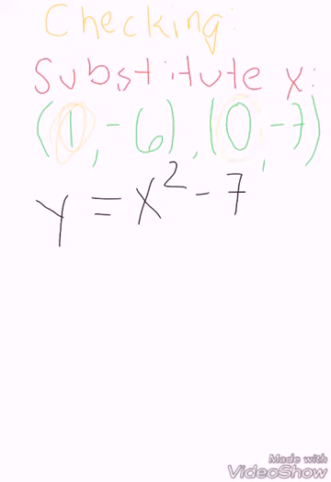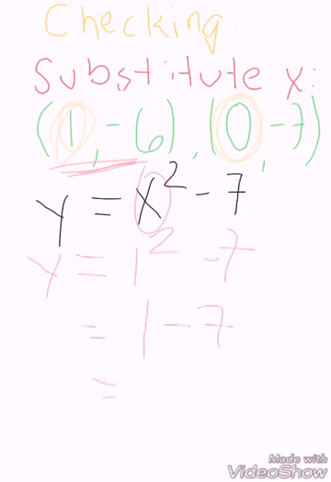The first thing we're going to substitute is this solution. The x is 1, so 1 squared minus 7. 1 times 1 is 1, minus 7. 1 minus 7 is negative 6, which corresponds to this. So that is correct.